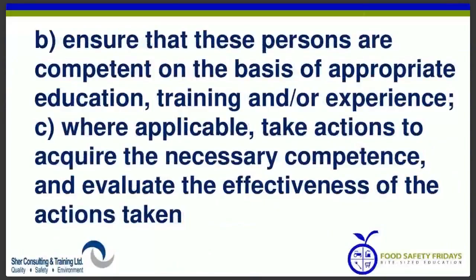And C, ISO adds, where applicable, the organization must take actions to acquire the necessary competence and evaluate the effectiveness of the actions taken. And this says, well, we're not telling you as an organization to train anybody. All we're saying is identify competence, ensure that people are competent, and if you need to, take actions to acquire the competence.